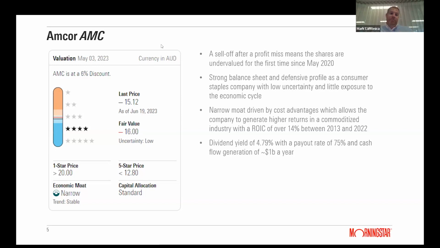And luckily enough, AMC actually does have a competitive advantage in terms of how cheaply they can produce things. Now, what this has allowed the company to do, and once again, I'm using an example. I'm not necessarily recommending anyone out here buys this.